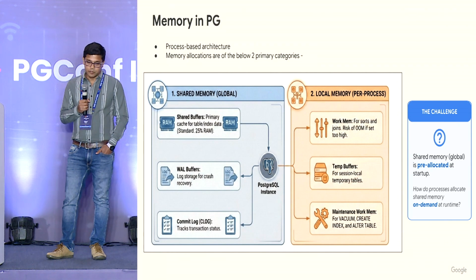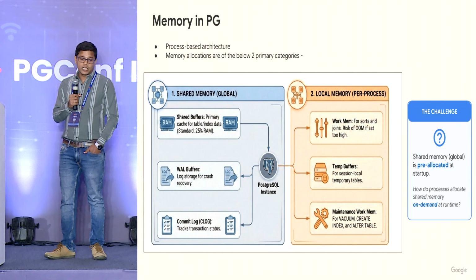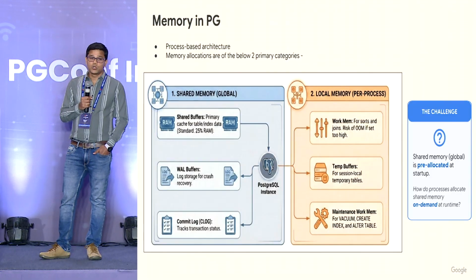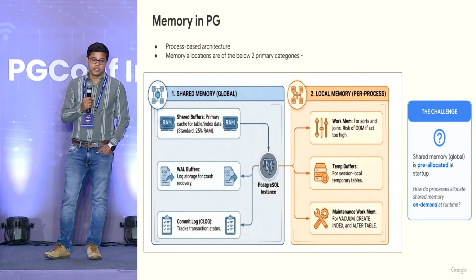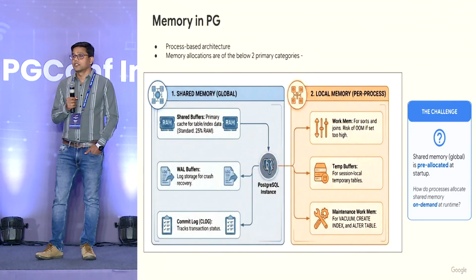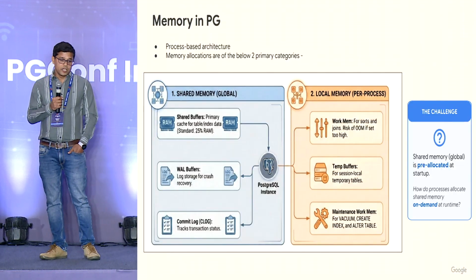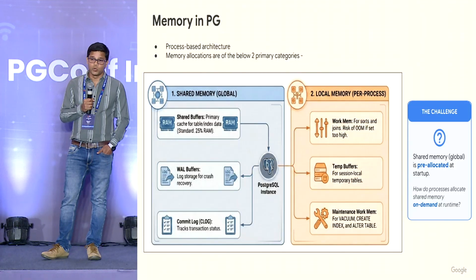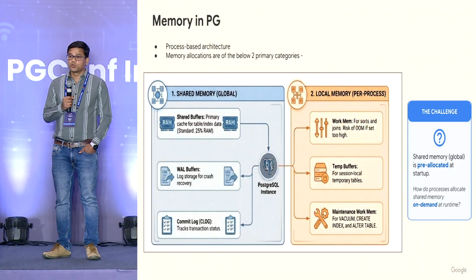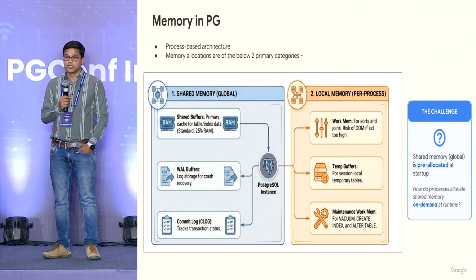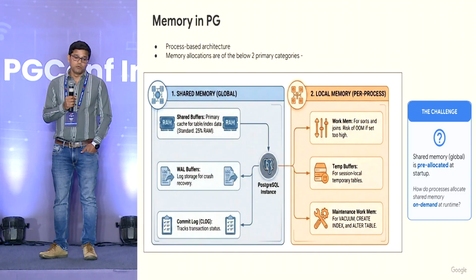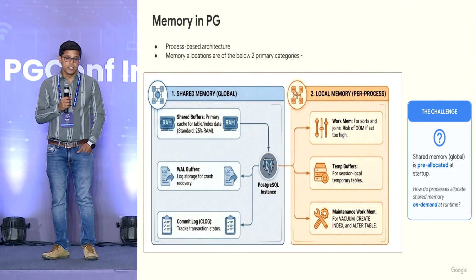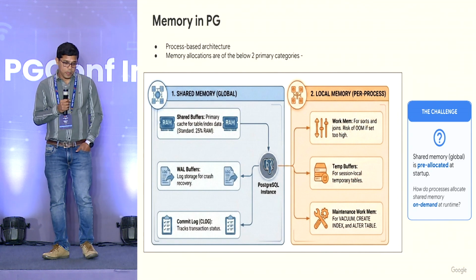The same goes for the commit log. And I'm sure if you have seen the shared buffer configuration parameter, you would have read that it is specifically mentioned that you need to restart. It's not only limited to shared buffer. There are many other configurations in Postgres which, if they need to be modified, have to be restarted, and in most cases the reason is that we cannot change the shared memory at runtime.